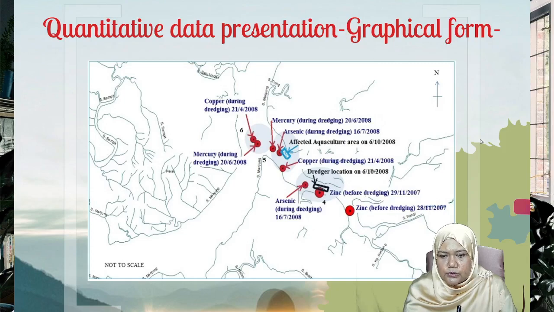I've also shown here the dredger location, which creates the link of an event, which is dredging, to the event of high contents of trace metal.